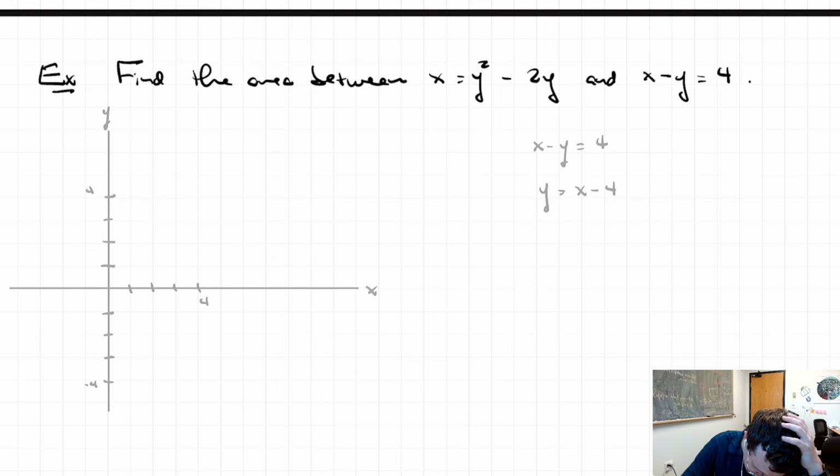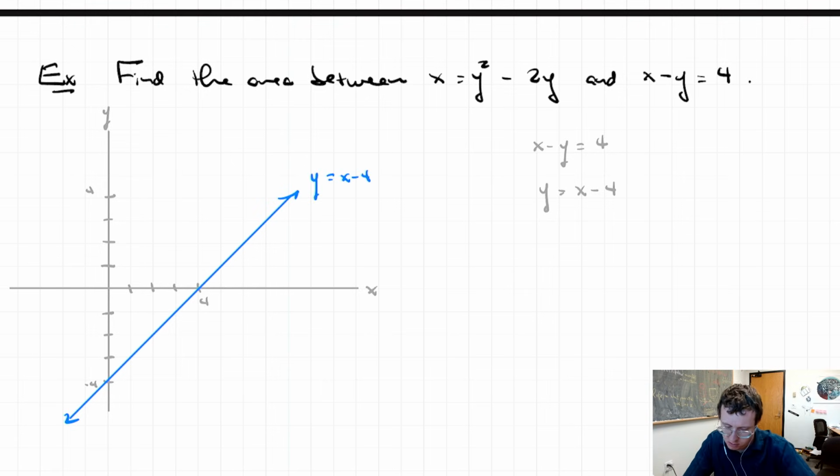But that's going to look something like this. And then x equals y squared minus 2y.